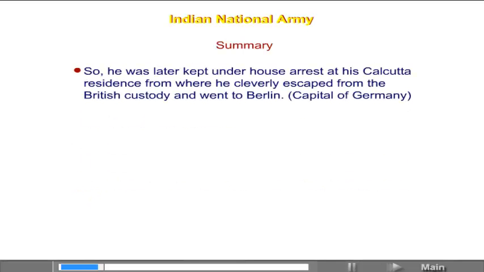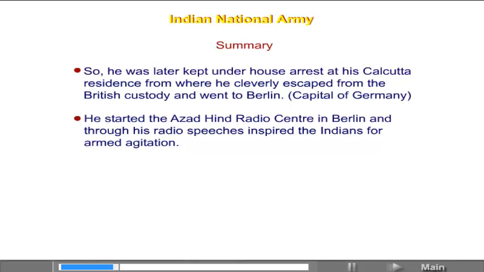So he was later kept under house arrest at his Kolkata residence, from where he cleverly escaped from the British custody and went to Berlin, capital of Germany. He started the Azad Hind Radio Center in Berlin and through his radio speeches inspired the Indians for armed agitation.